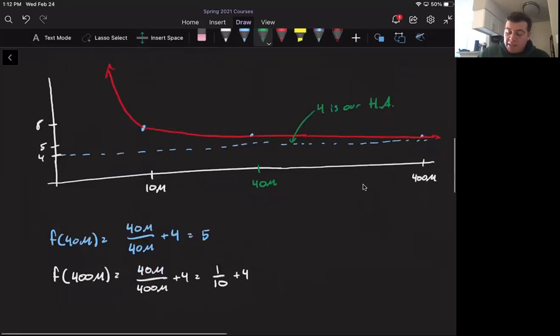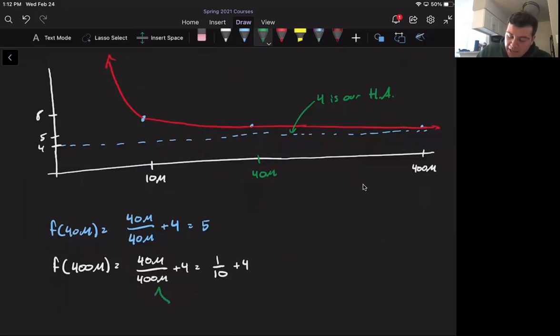We saw in the 400 million example that we have 400 million people paying off $40 million, so they only have to pay a 10-cent premium. Whereas when it was only producing one vaccine, they would have had to pay the whole 40 million premium. And so that's how we can determine that 4 is our horizontal asymptote.